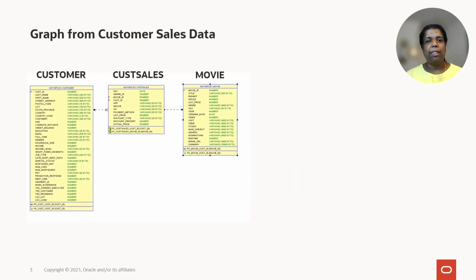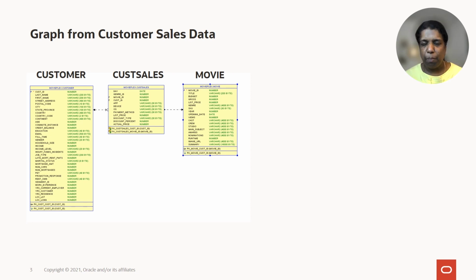So let's take an example here. There are three tables representing customer sales data: customer table, movie table, and the cus sales table that tells you which customer rented which movie. Customers are data entities and naturally become vertices in your graph. So every row in the customer table becomes a vertex.